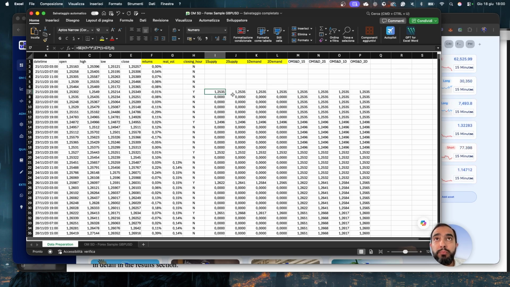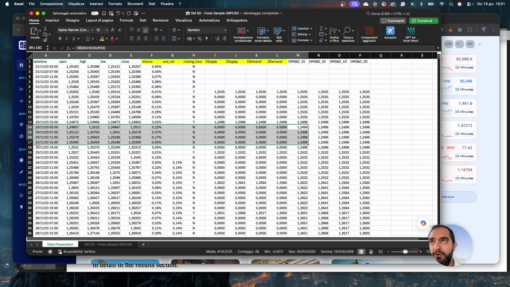So the 1.2535 that we have here for the British pound against the US dollar, that was calculated here, and we projected this for the following day. You see? And then again, here, that number is projected for the following trading day. And then you repeat.